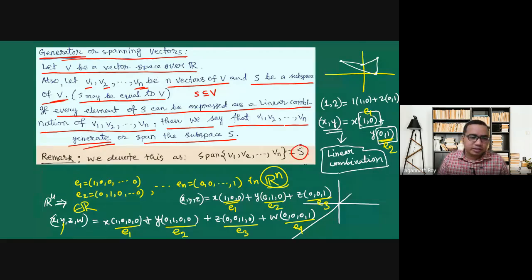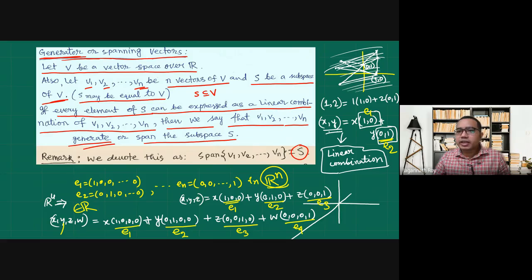If you think about the two-dimensional case, the span of these two vectors, 0, 1 and 1, 0: any vector we can write as a linear combination. That means the whole two-dimensional space can be represented in terms of these two vectors, E1 and E2.